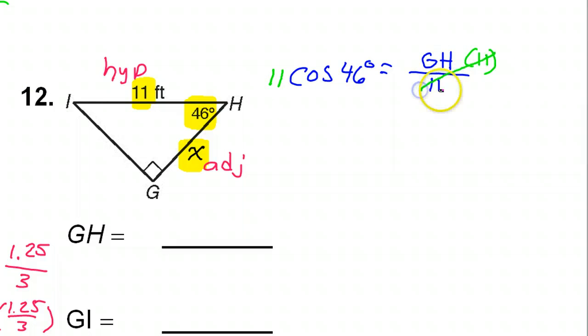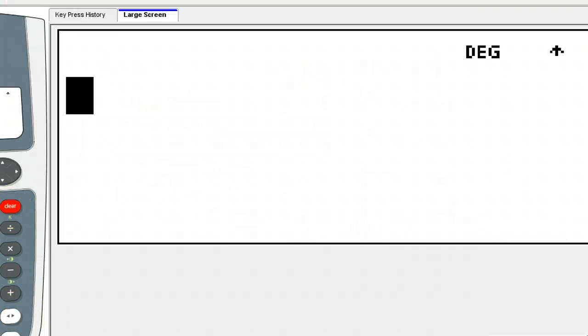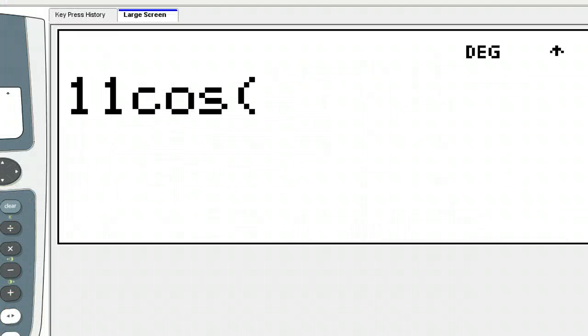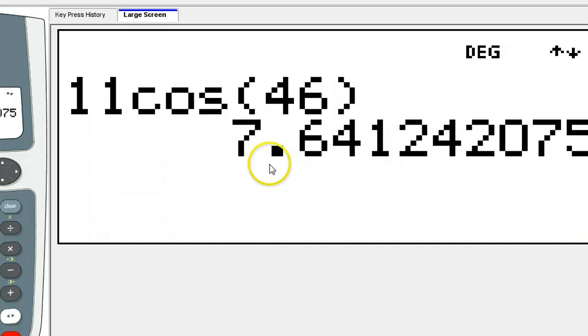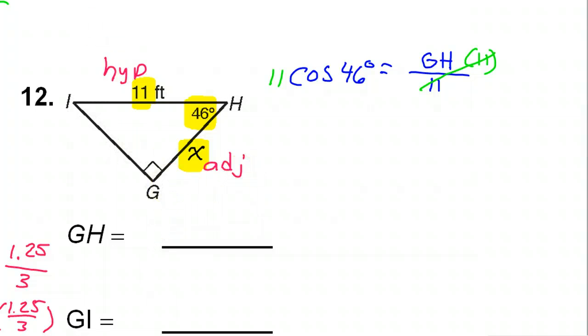That cancels those out, and that gives me what GH is: 11 cosine 46. That is 7.64, so 7.64 feet.